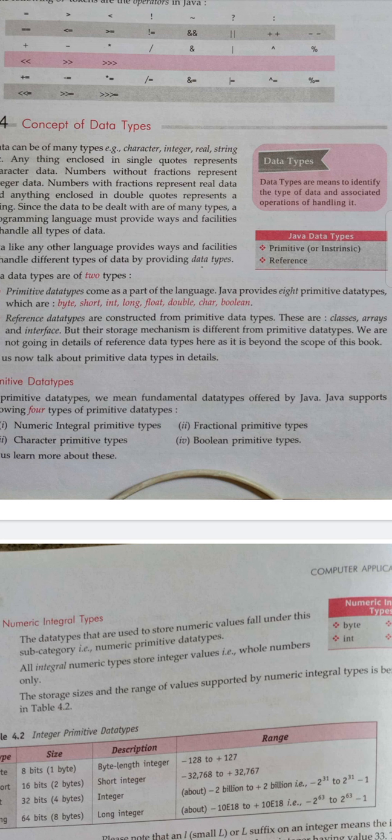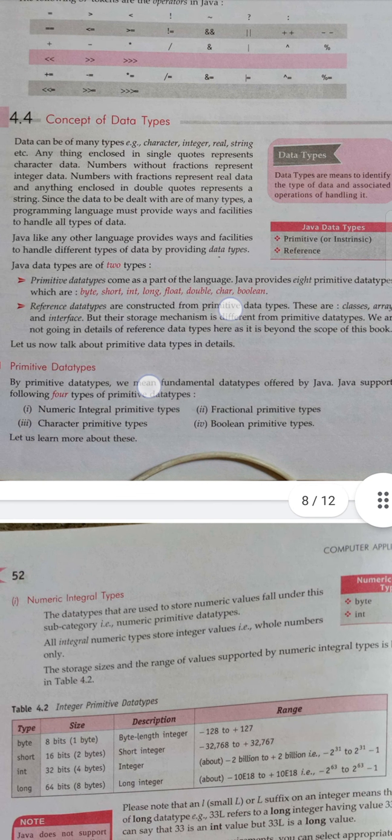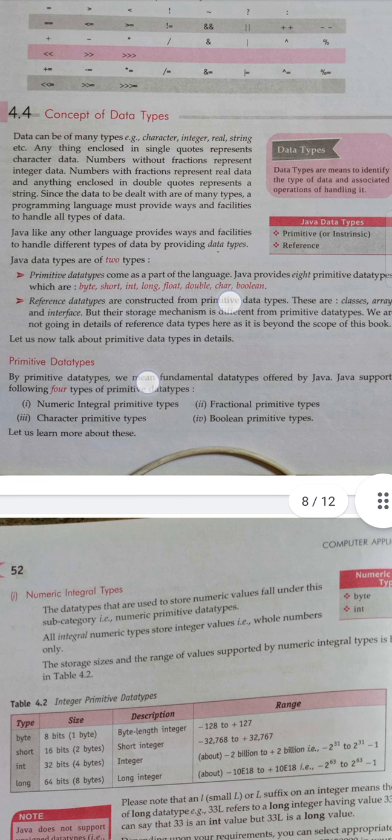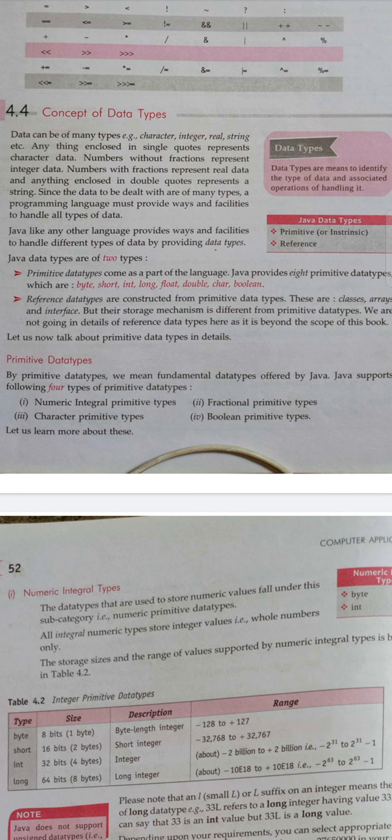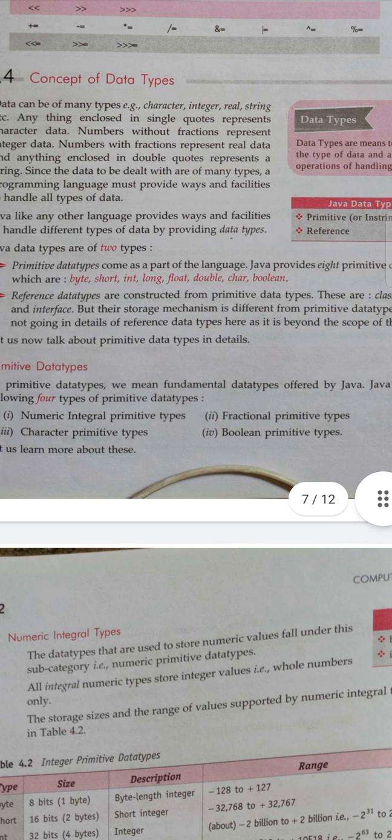They can do their work themselves and don't require others' help. Such data types are known as primitive or fundamental data types. Under this, the different types are byte, short, int, long, float, double, char, boolean, etc.